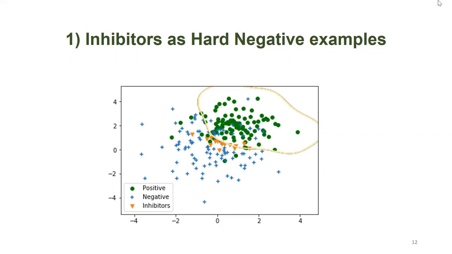So they're actually negative, but they must have some characteristics that make them closer to the positives. In machine learning land, this kind of example is called a hard negative example. Its main property is that it lies very close to the decision boundary between positives and negatives. So using it during training can help better define this decision boundary for the classification purpose.